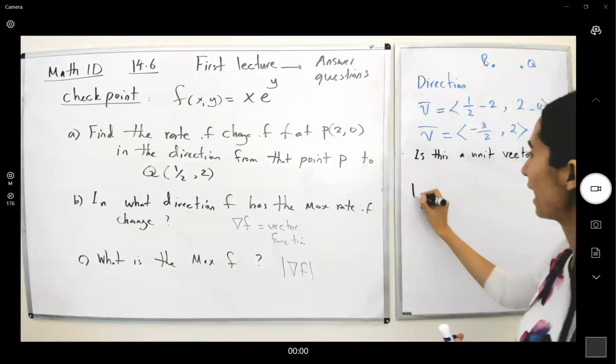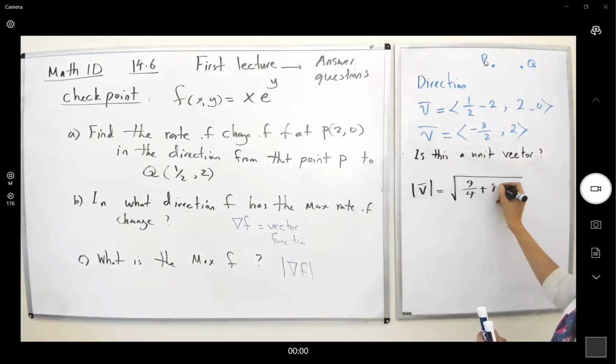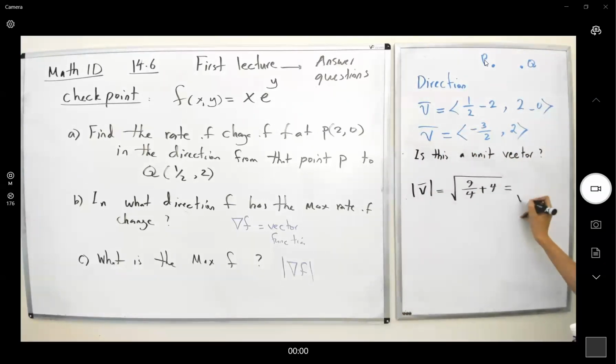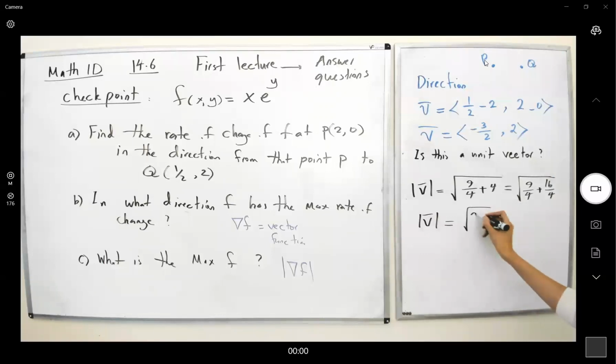So we have to find the magnitude of v, which is the square root of 9/4 plus 4. If you take a common denominator between these two, you get 9/4 plus 16/4. Here you get the magnitude of v equals the square root of 25/4, or 5/2, which is not 1. So you have to rescale your vector by dividing the components by the magnitude or norm of your vector.